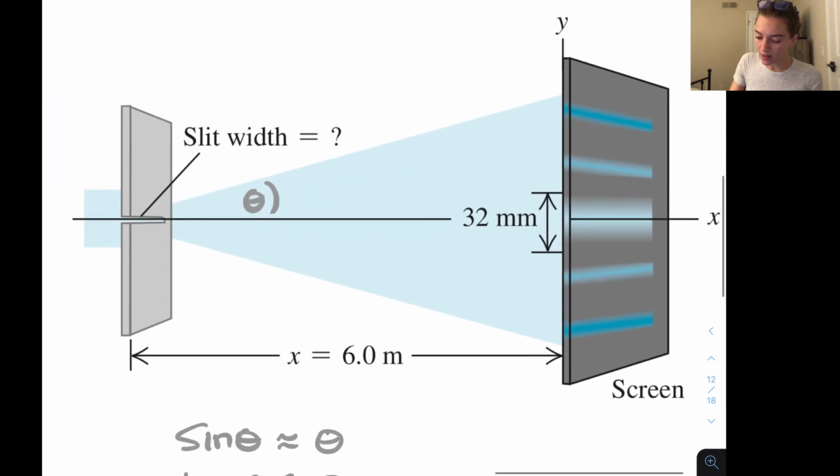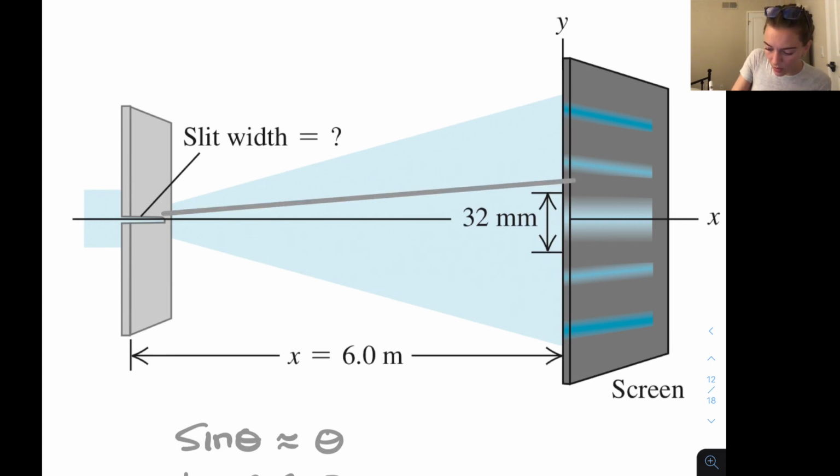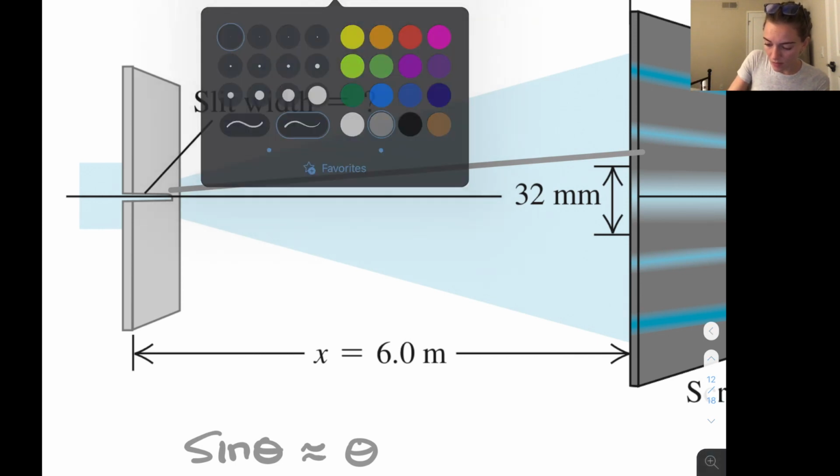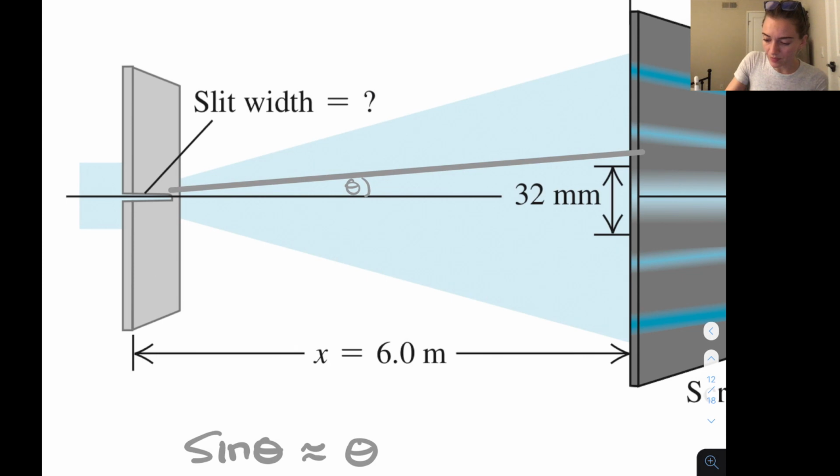So what we have here is, let's draw this a little bit better. So let's draw this a little bit more carefully here. So this is the distance to our first dark fringe. So this is the angle theta that we're actually looking at. So that's our angle theta.